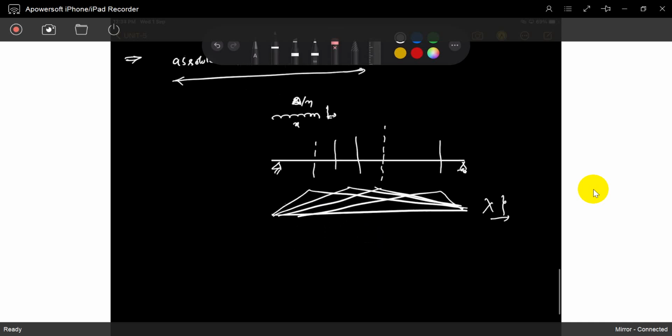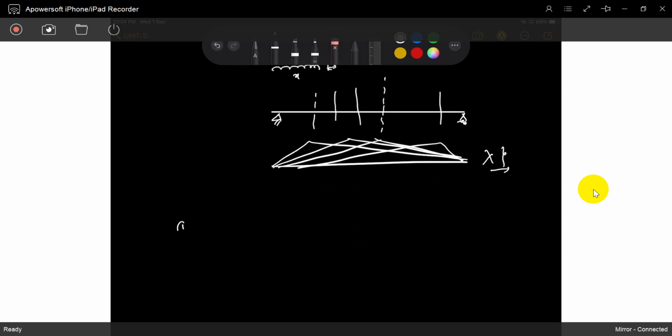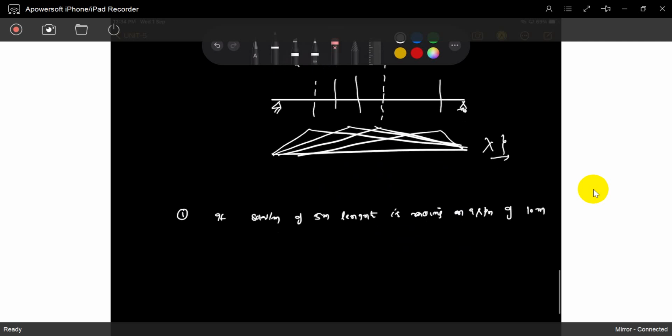So see a small problem. If an 80 kilonewton per meter load of 5 meter length is moving on a span of 10 meters, find the absolute maximum bending moment in that span.